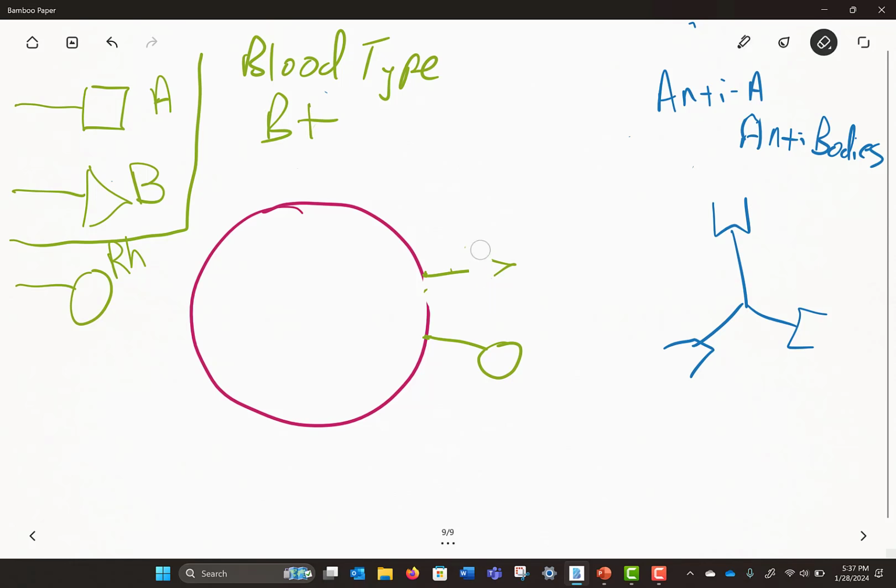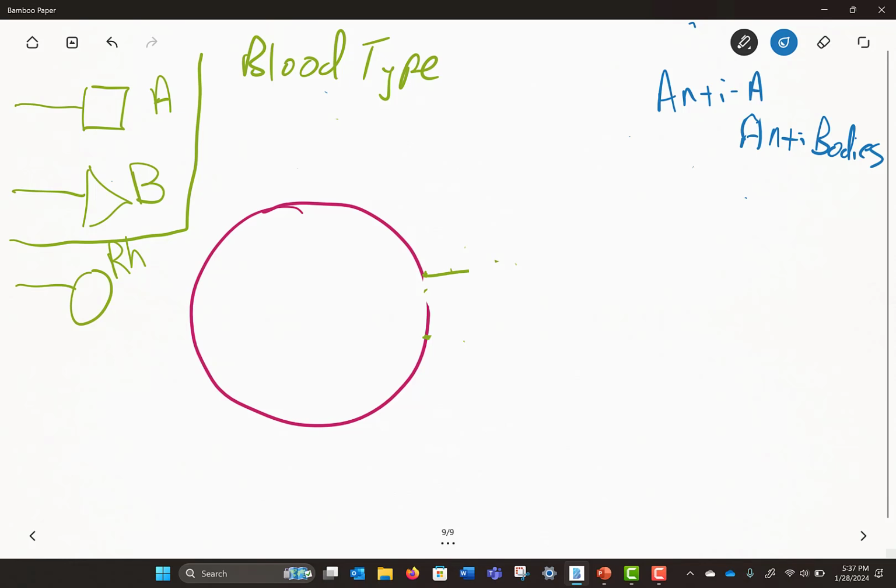Now, final one, and this is where it gets tricky. Let's say we look, and this person has A antigens. So now we're still doing the ABO and RH.